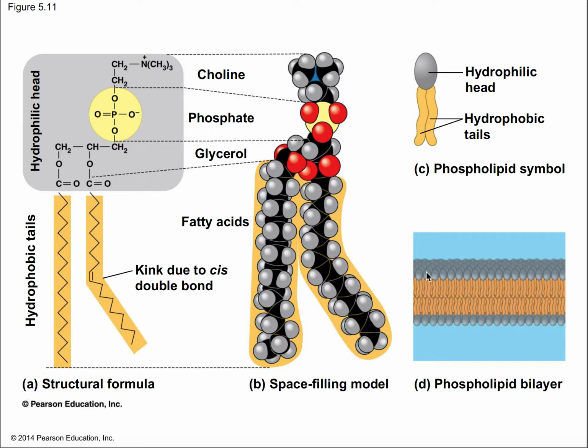At the top, you have this layer with the phosphorus group. They call it the head portion. It's hydrophilic. The tails gravitate inward with each other and bind. Those are hydrophobic. And then on the inside of our cell, we have another hydrophilic layer.